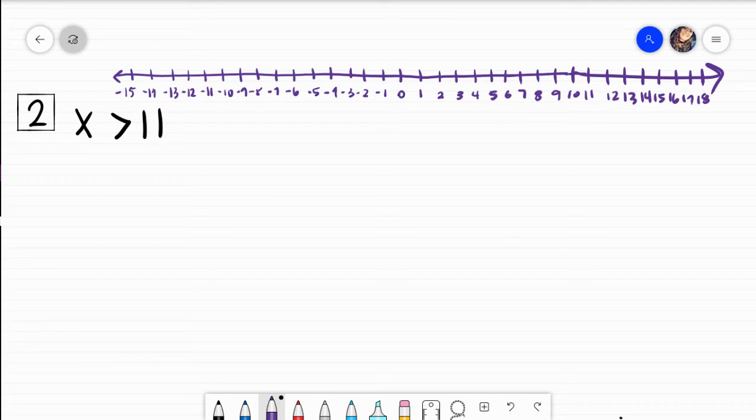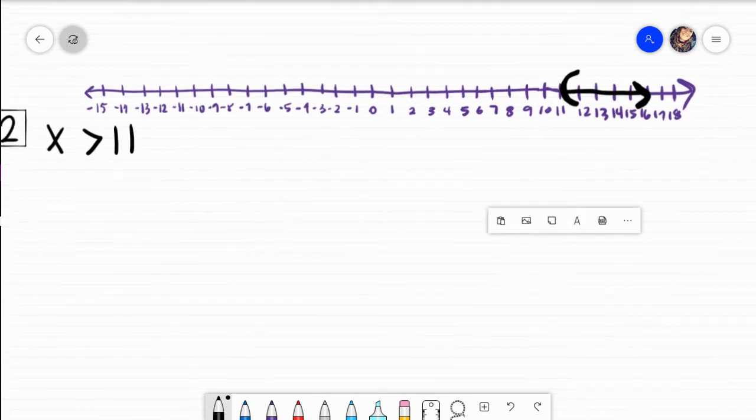And the value we're looking at is 11. Greater than also means, because it can't equal, I use a parenthesis. And because it's going to include the larger values, do you see how it opens to the right? And then there's my arrow. That just tells me it goes on and on and on forever, right?